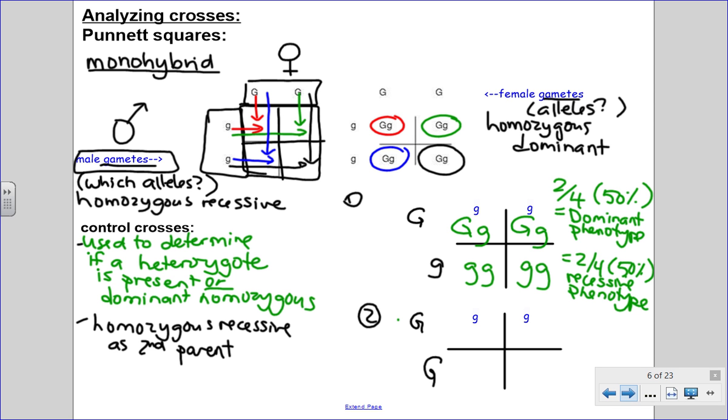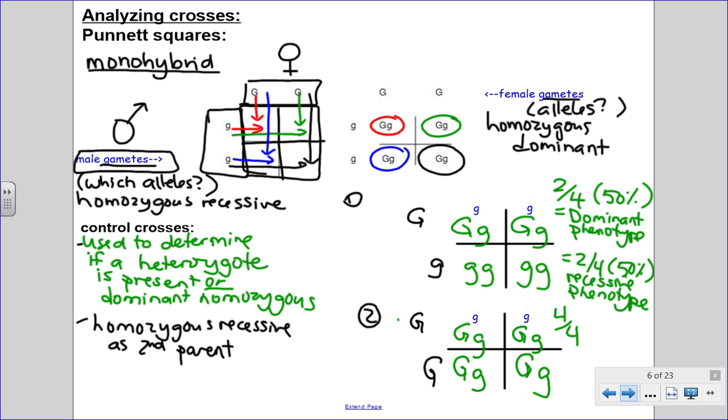If, as in case 2, I have an individual that is homozygous dominant, here's what my Punnett square will look like. All 4 offspring possibilities would show the dominant phenotype.